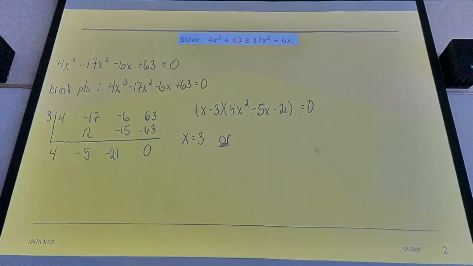Can you easily factor 4x squared minus 5x minus 21?